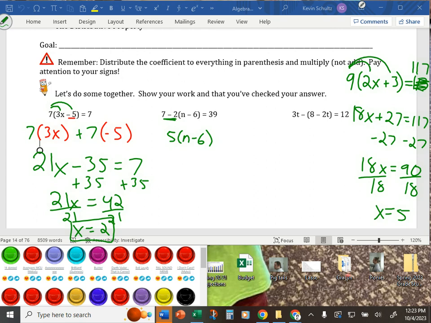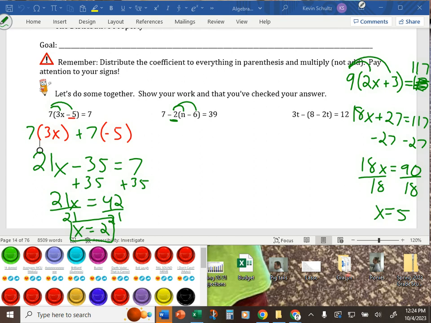Order of operations. We can't subtract before we multiply. The whole reason why we have the distributive property is because we've got this problem with the parentheses. We have to have some way around it because we can't do n minus 6, right? But we certainly cannot subtract 7 minus 2 to get 5 before we distribute the -2 into our parentheses.